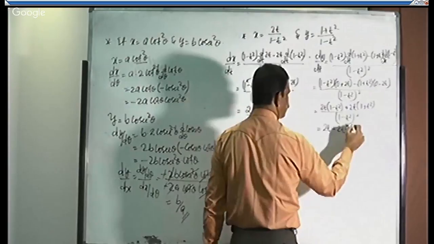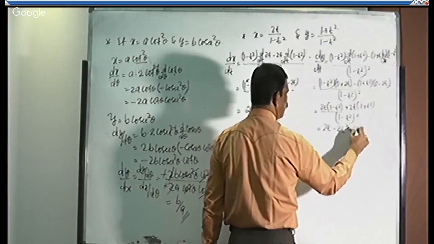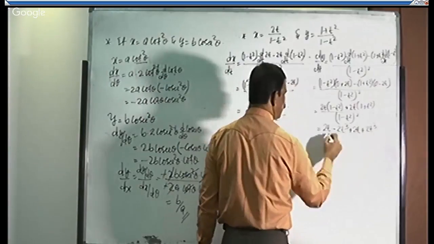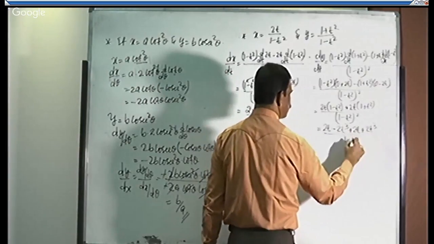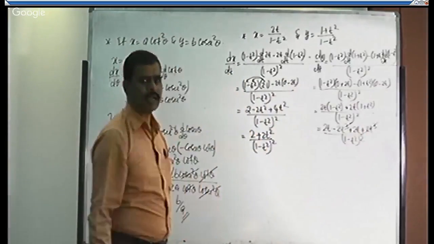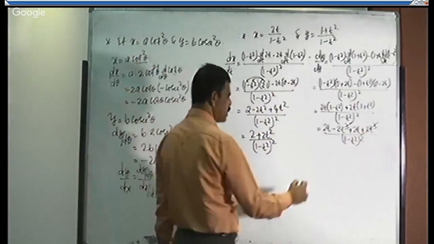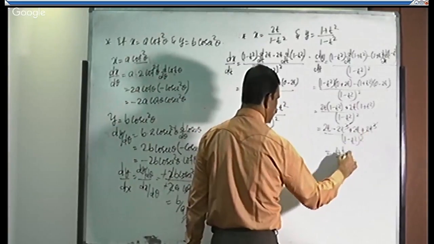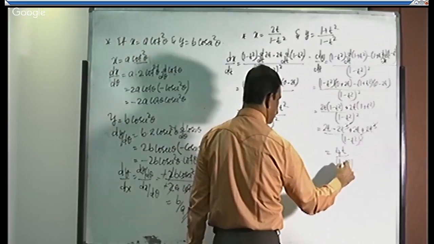Plus into plus 1 into 2t, 2t. Plus into plus 2t into t square, 2t cube, all divided by 1 minus t square whole square. See, plus 2t cube minus 2t cube get cancelled. Remaining is 2t plus 2t, 4t by 1 minus t square whole square.